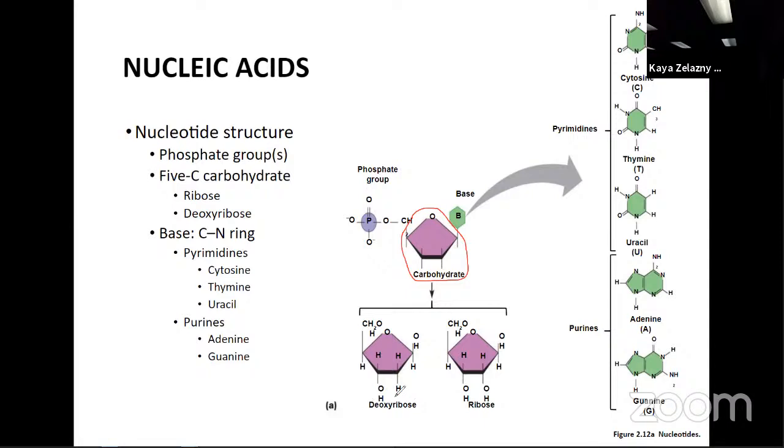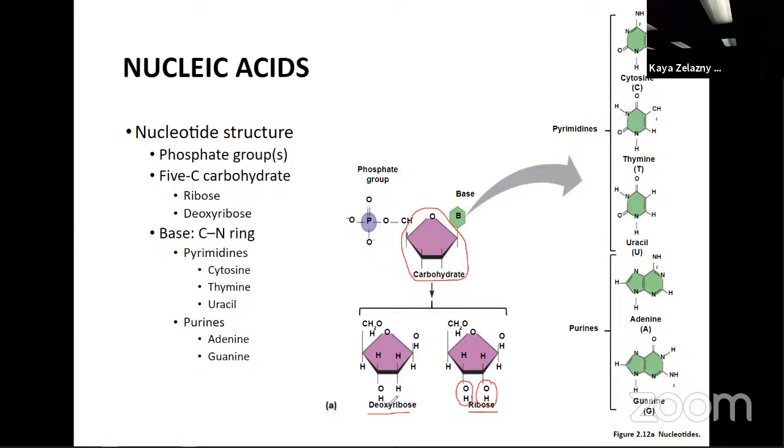And we see pictures of the deoxyribose versus the ribose at the bottom here. So somebody want to tell me what's different between these two rings? Exactly. Yeah, there's an extra oxygen in the ribose. So we're looking down here, see this hydroxyl group, we see this hydroxyl group.